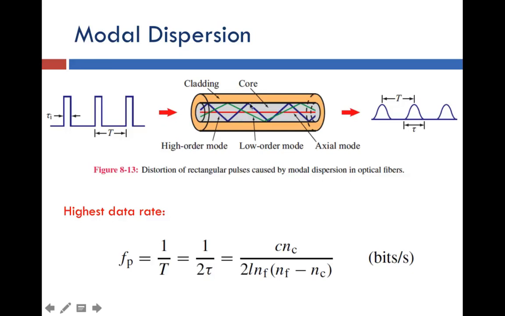Given the path lengths and doing some geometry, you can determine these two points will touch when the period satisfies certain criteria. The pulse rate then has a maximum allowable amount, and that's basically the speed of light times the index of refraction of the cladding over 2 times the length of the fiber times the index of refraction of the fiber, times the index of refraction of the fiber minus the index of refraction of the cladding.